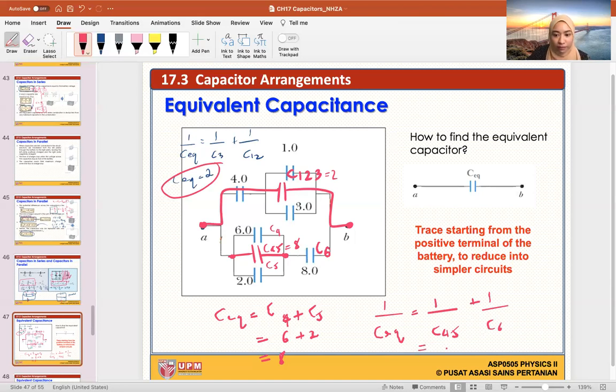So that is 1 over 8 plus 1 over 8, which is 2 over 8. So my C equivalent is 2 over 8, flipped, 8 over 2 is 4.